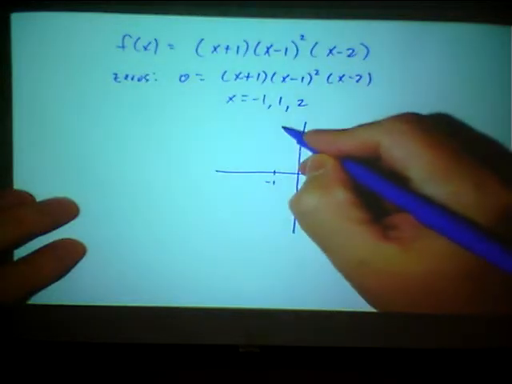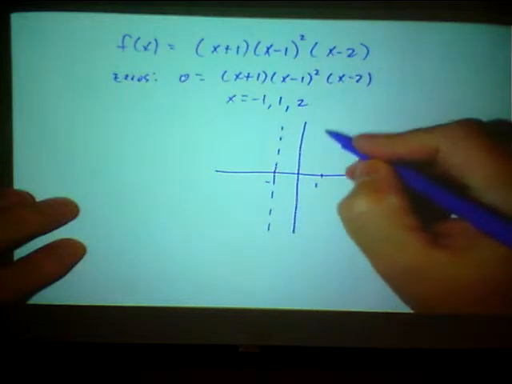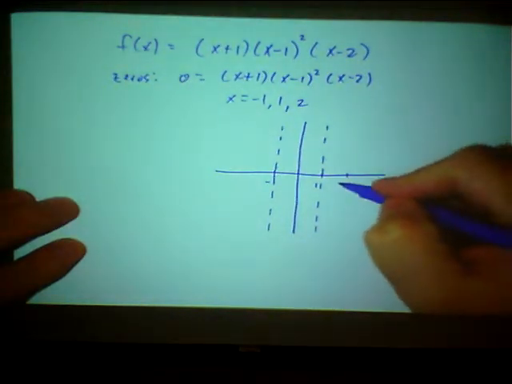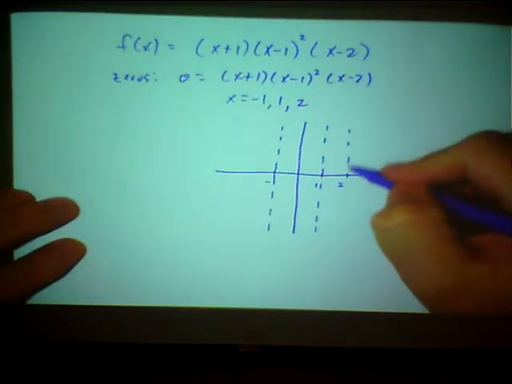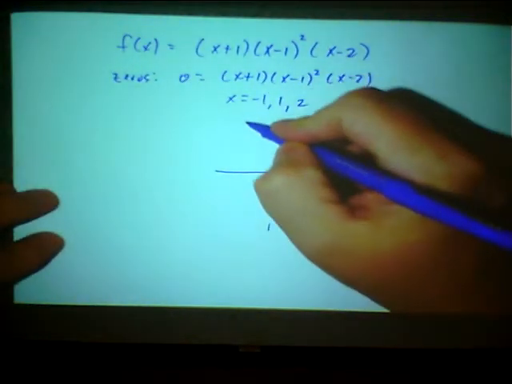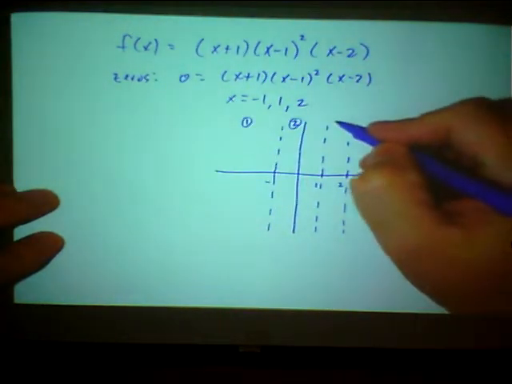Here's minus 1. Here's 1. And here's 2. So I'm going to have 4 regions.